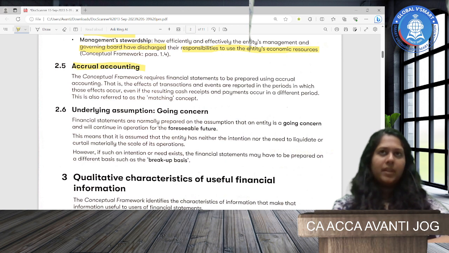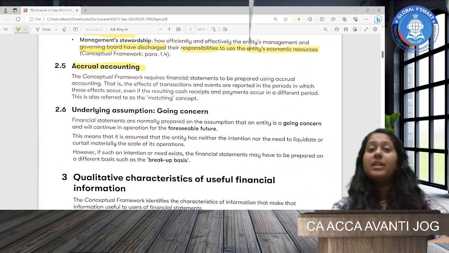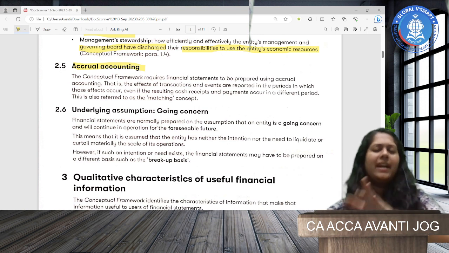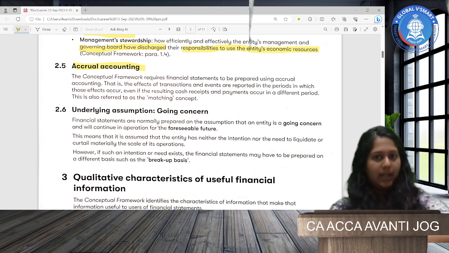Okay. Now, do I record 4 lakh in your expense account, your P&L account, or do I record 4 lakh 80,000? The answer is that you record 4 lakh 80,000 because even if you have not paid the entire amount, it is your expense of this year. So, irrespective of whatever is paid, you are going to record 4 lakh 80,000.